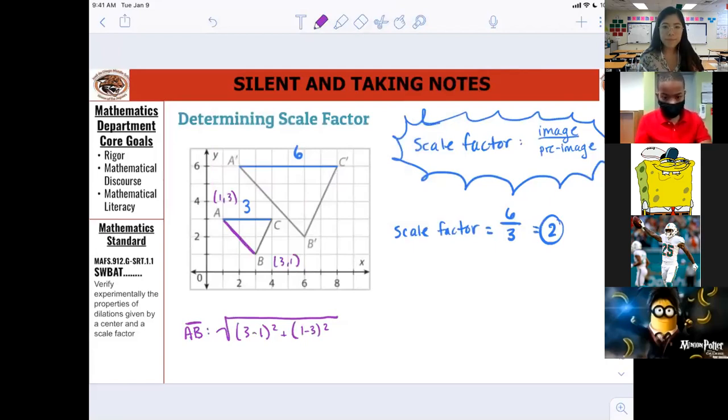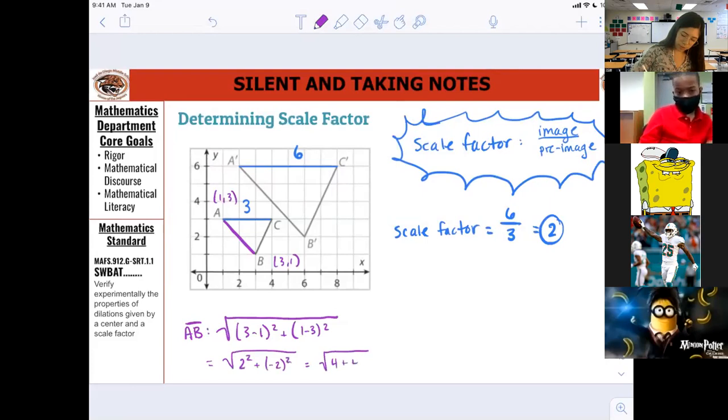Now, 3 minus 1 is 2. 1 minus 3 is negative 2. I got 4 plus 4. So I've got the square root of 8. Agreed? Any questions on that? Okay.